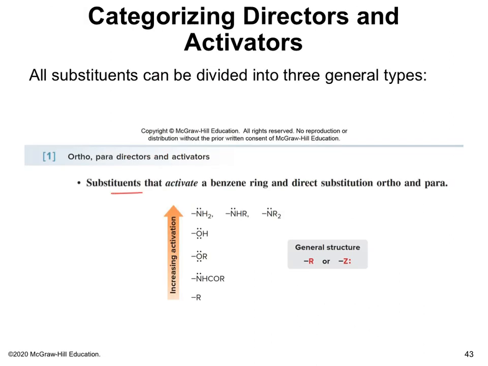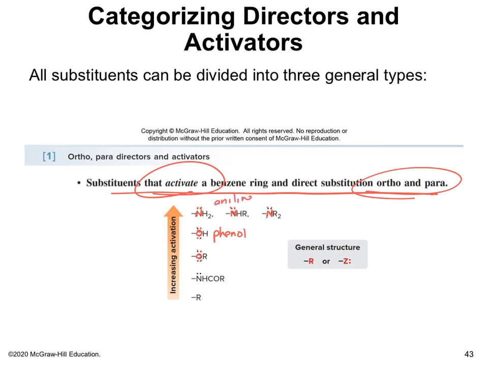So here you have substituents that activate a benzene ring. When they activate, and they're also ortho-para directors, notice what do they have in common? They have lone pairs on the element that's directly bonded to the ring. So any of your phenol, these would be like aniline. These would be an ether.